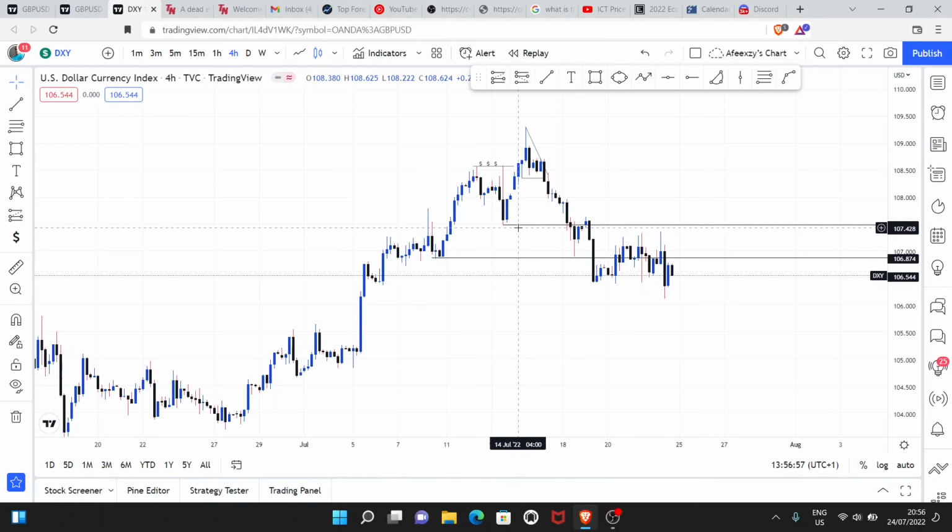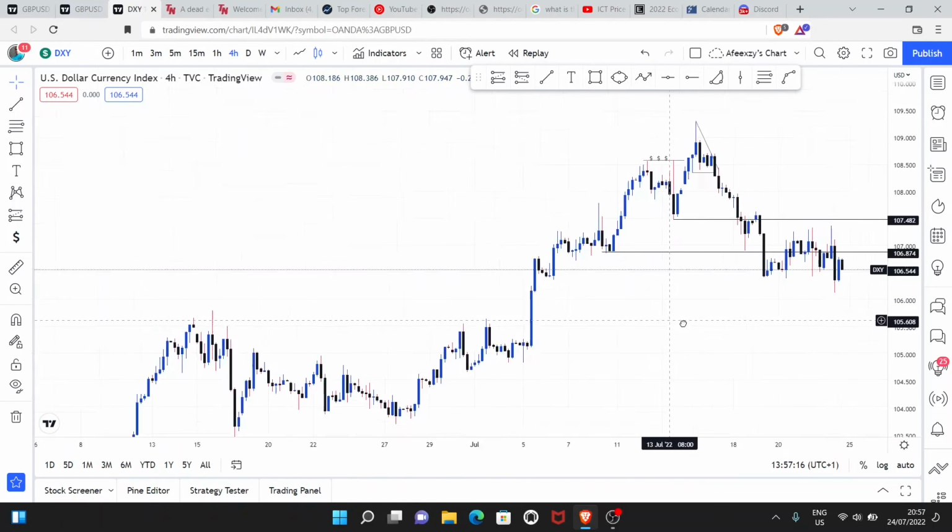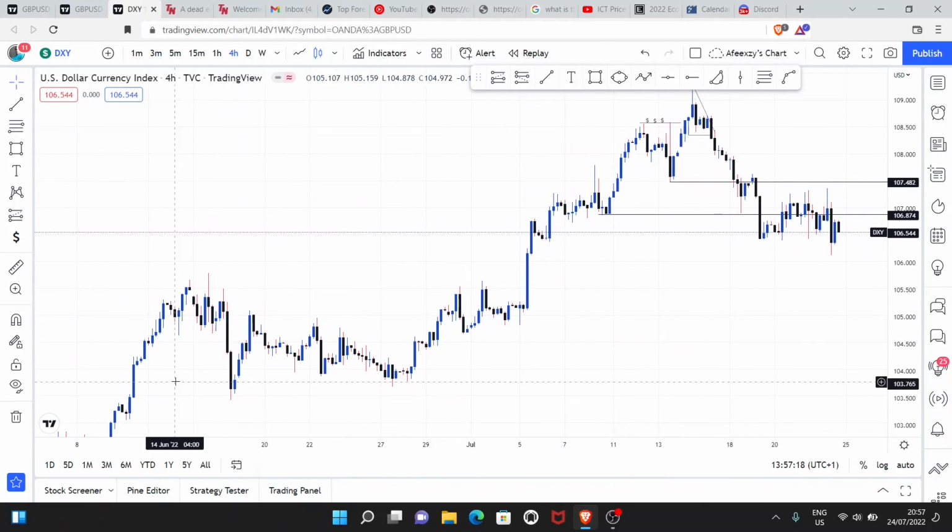Then it came further to attack this sell side low, this relative close. Also attacking this low. Now I see a very nice reaction. Now let me delete everything and analyze the market for next week.